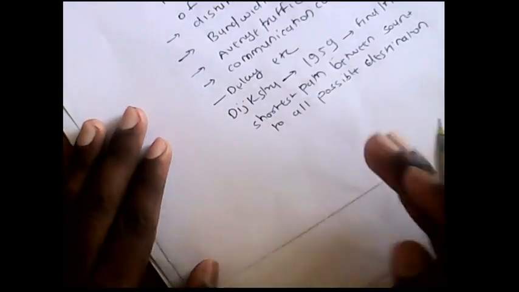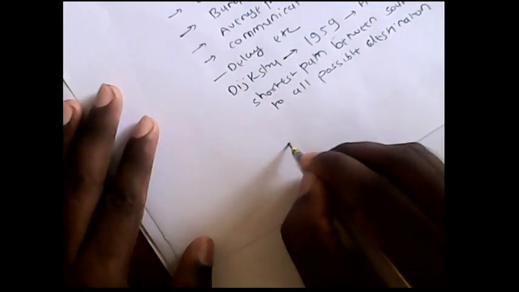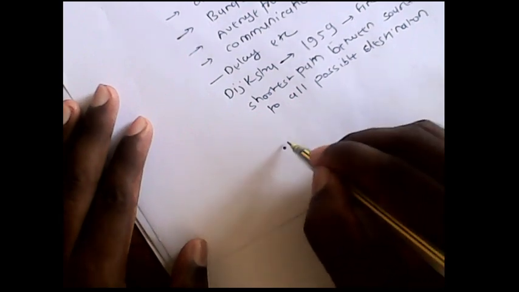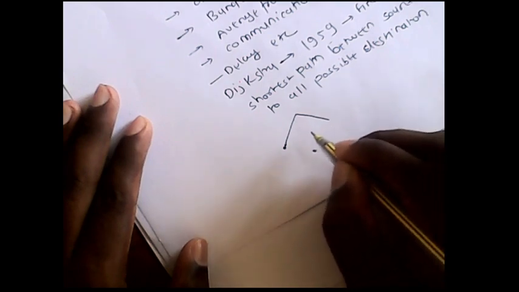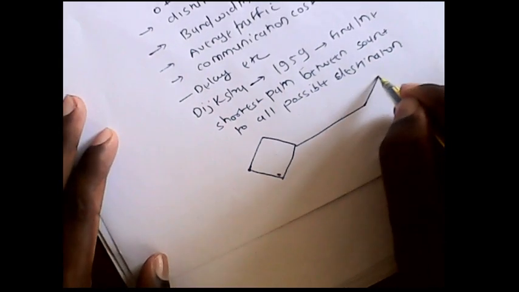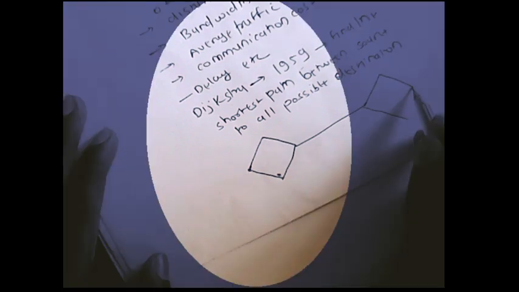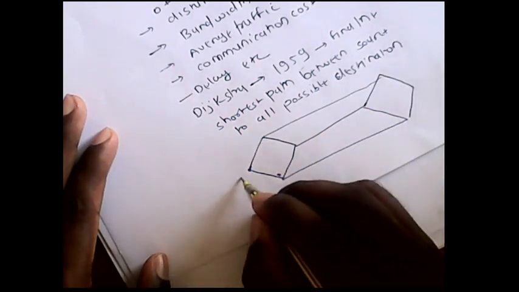So here we define a network. A, B, E, C, D, F, G, H. So this is my network.